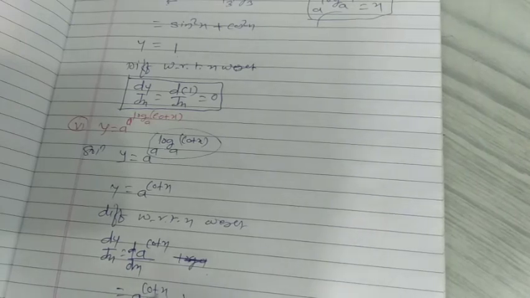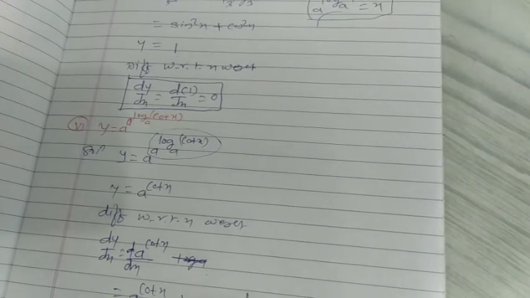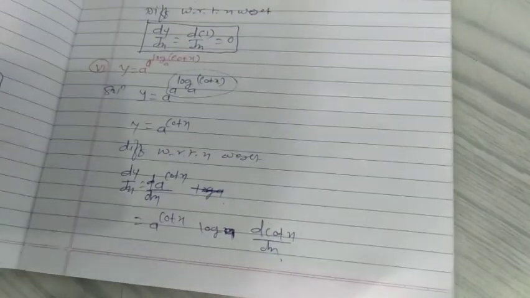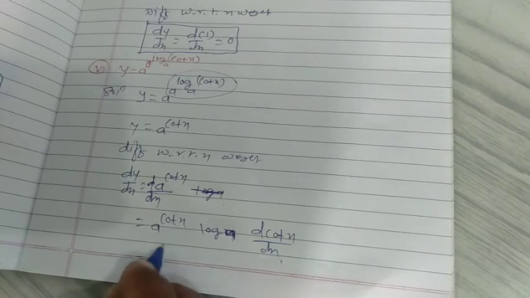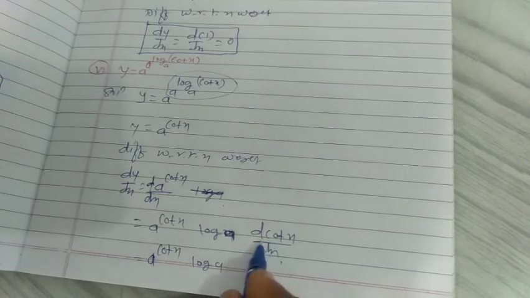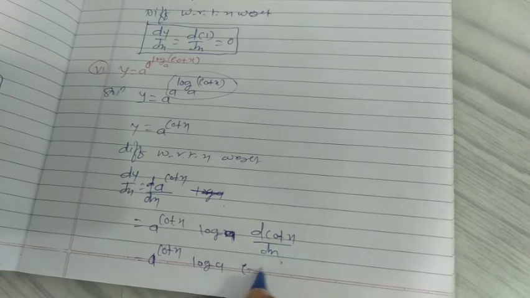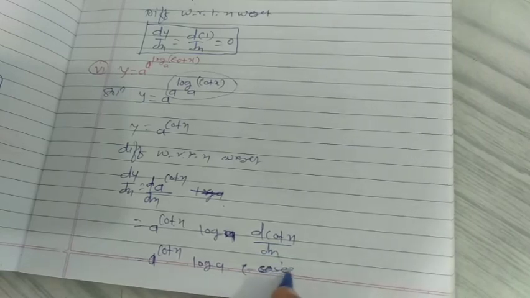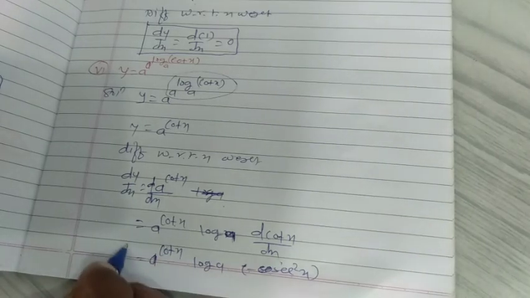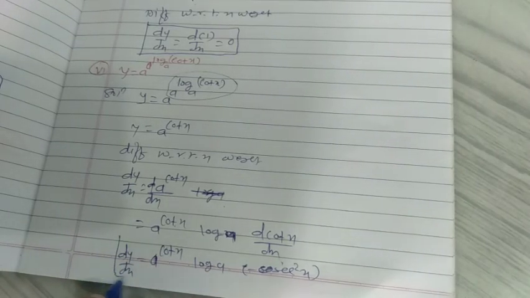After this, it is not a single function x, so we take the derivative of cot x. Then a raised to cot x log a, the derivative of cot x is what? Minus cosec square x, and this is our dy by dx.